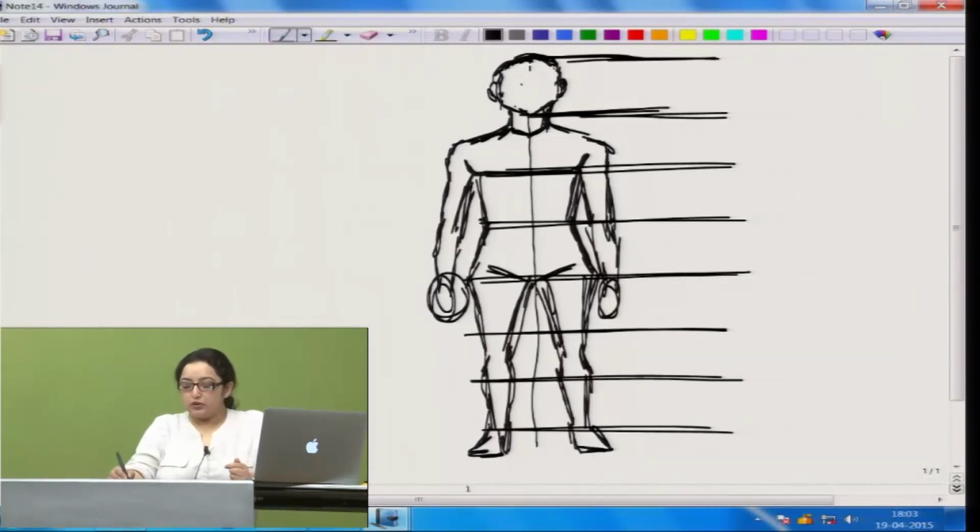There are quite a few things that we need to also keep in mind while making an idealized form.